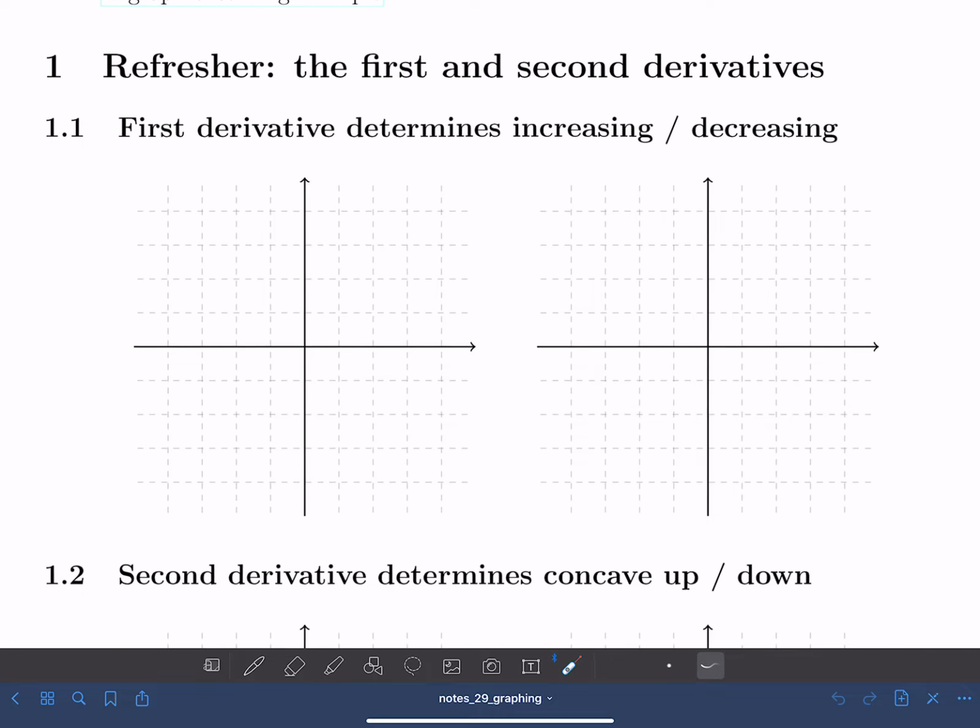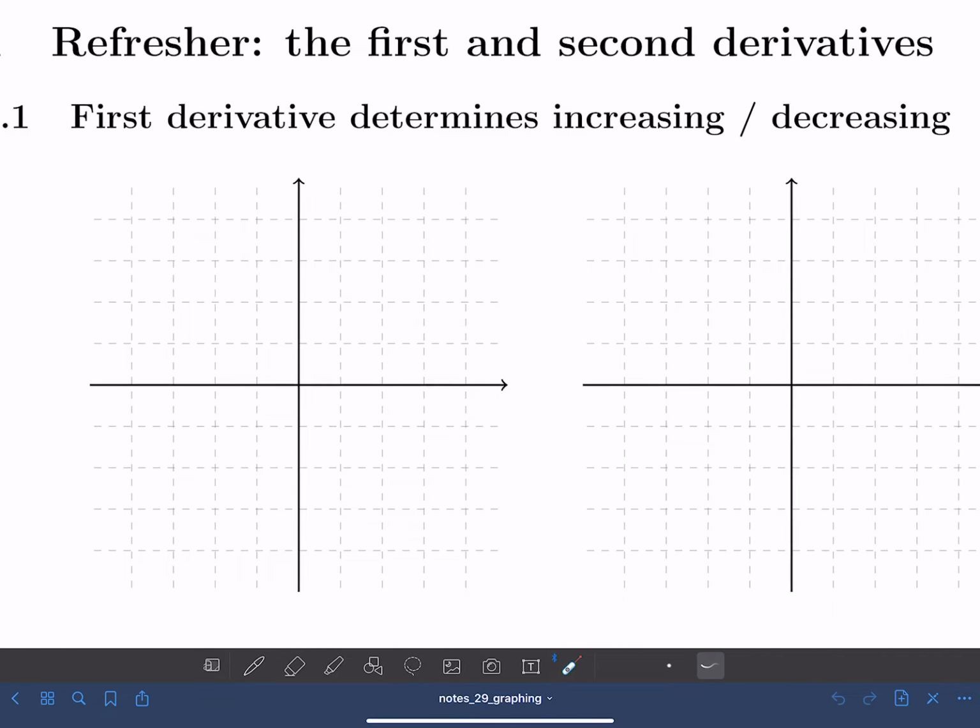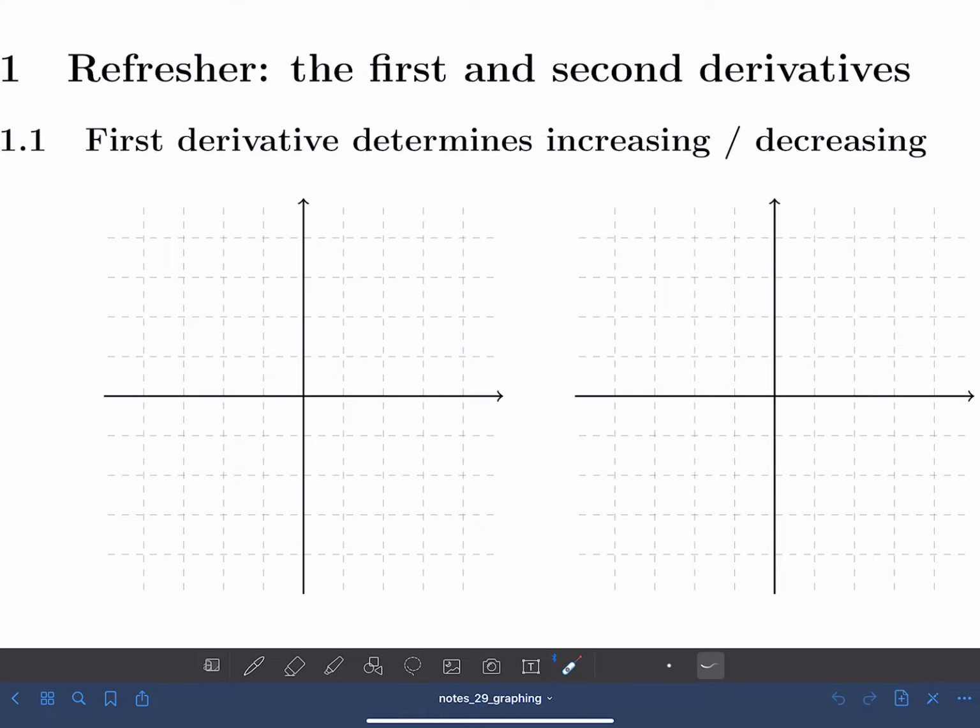The first thing that I want to remind you is that the first derivative determines the increasing or decreasing nature of the function itself. So if I draw a function over here on the left-hand side, this is going to be a picture of f.